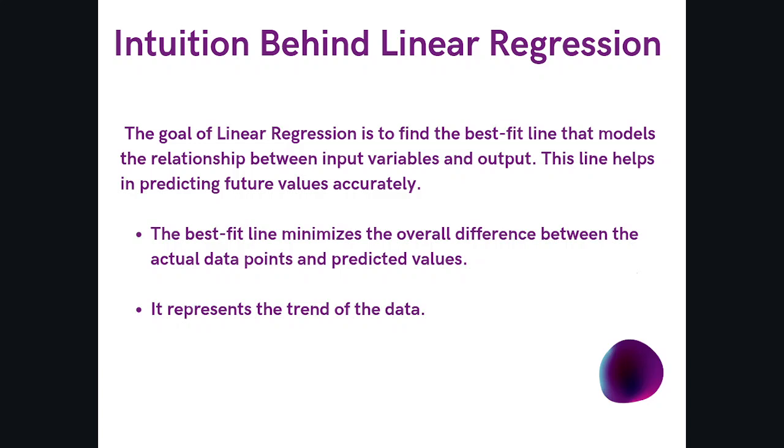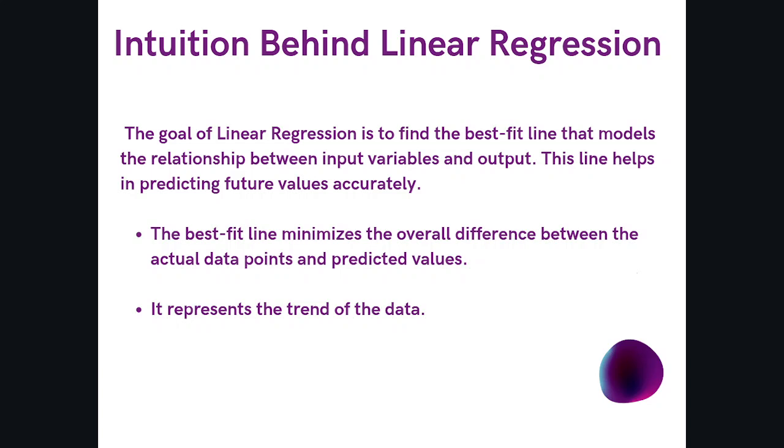That is what best fit line means. It models the relationship between input variables and output variables. Basically, it shapes the relationship between the input features and the outcome we are going to have. This is the goal of linear regression.